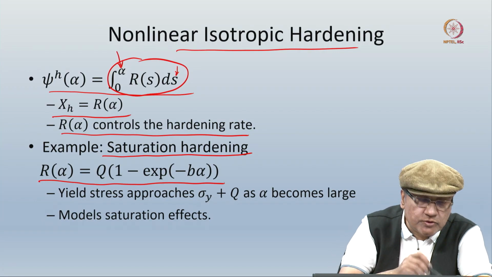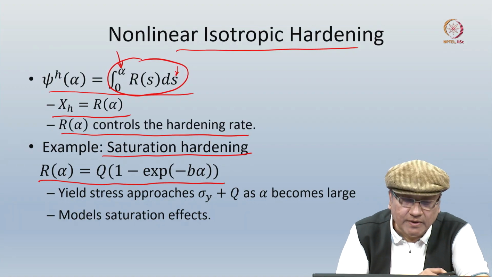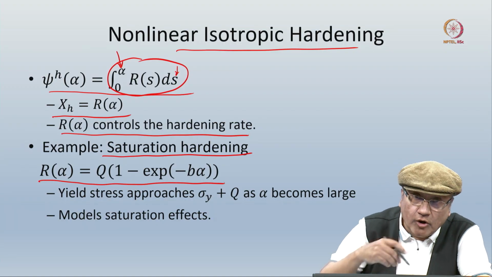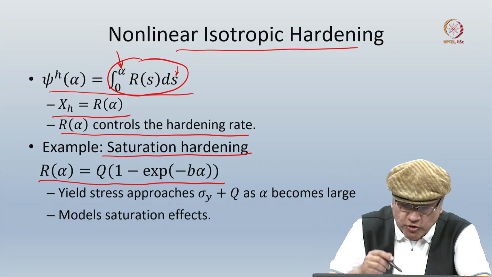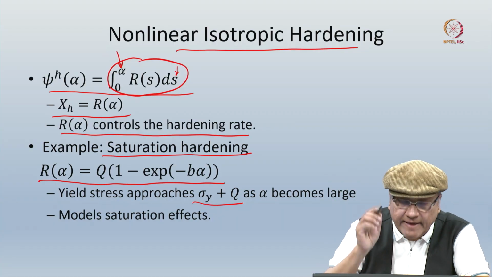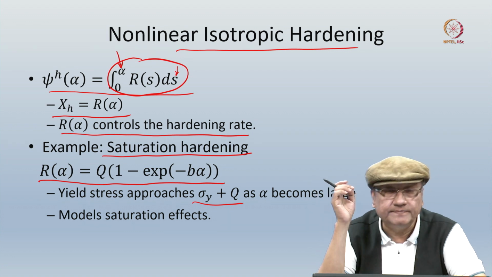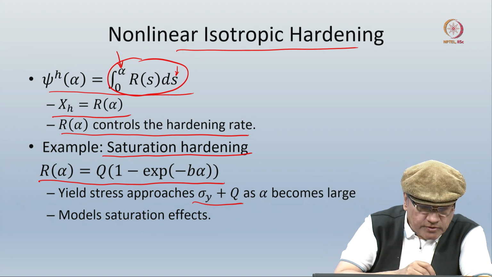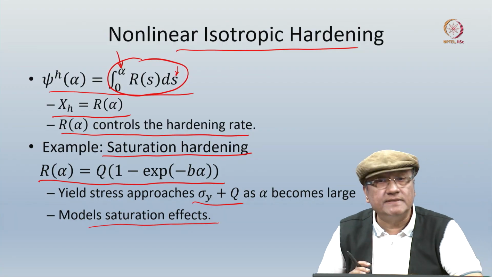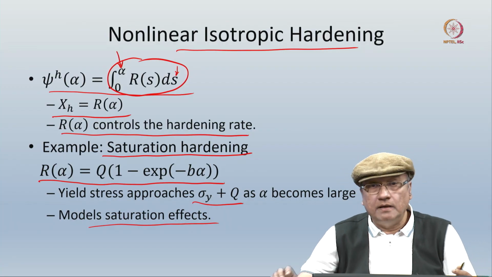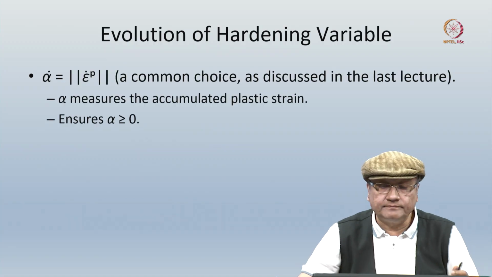So, r alpha reduces to q. Basically this modified yield stress, because of this isotropic hardening, saturates at sigma y plus q as alpha becomes large. So, this models the saturation effects. This is a more realistic isotropic hardening model.